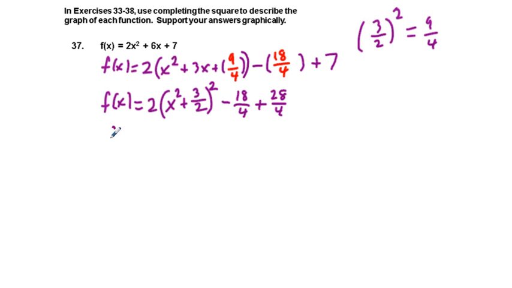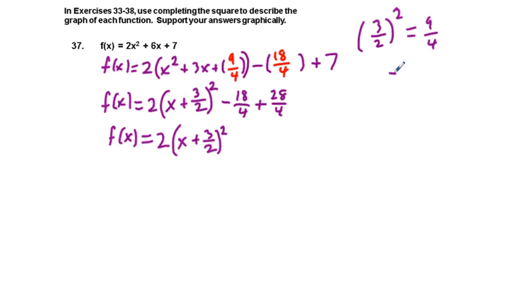And that's going to be f of x is equal to 2 times quantity x. I made a little misstep here. It's not x squared there, it's in parentheses x. Okay, good, fix that. And so we're going to have x plus 3/2 squared, and we're going to have minus 18/4 plus 28/4.